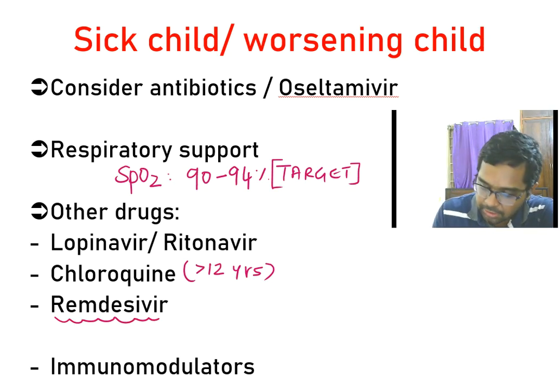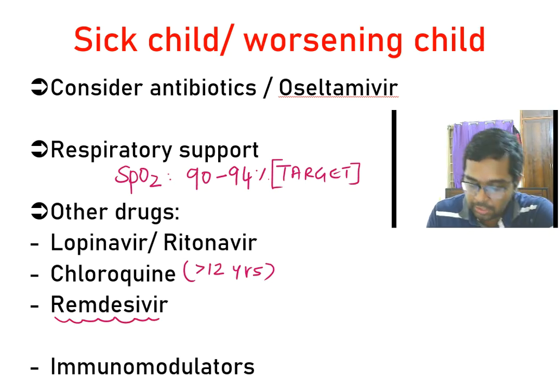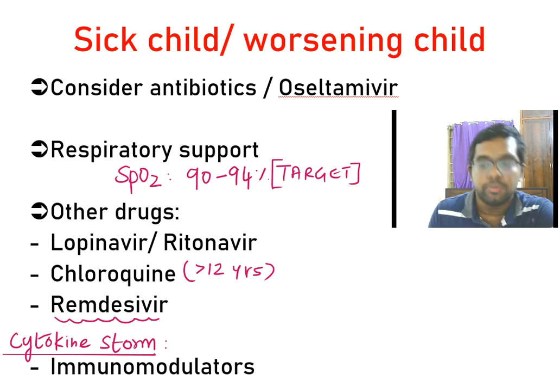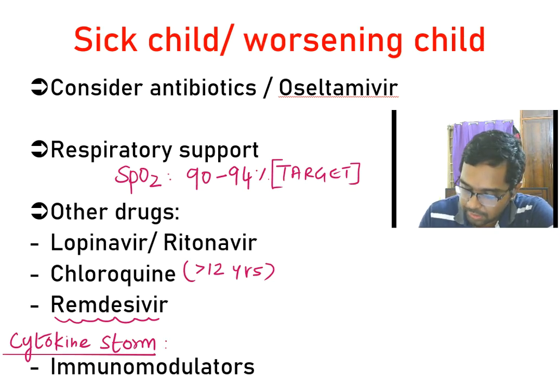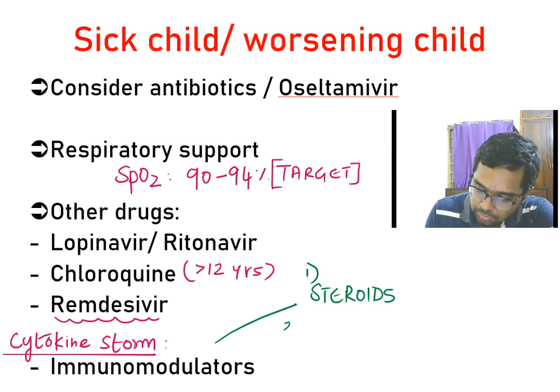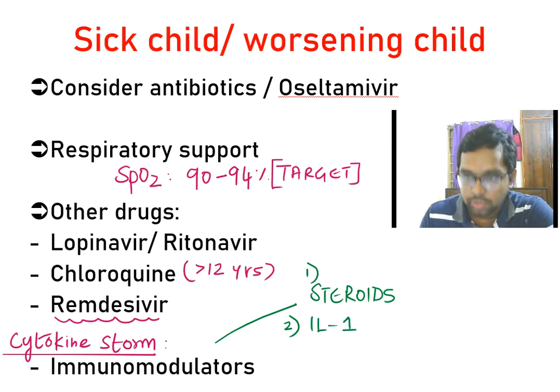And if the child, very rarely of course, is going to develop something like the cytokine storm, you can go for immune modifying agents or immunomodulators. So what are the options we have? One option we have is the steroids, dexamethasone or methylprednisolone. Number two is interleukin 1 inhibitor or antagonist.